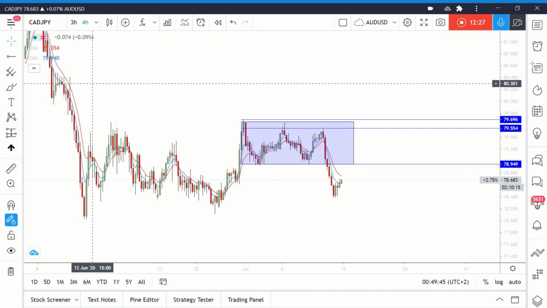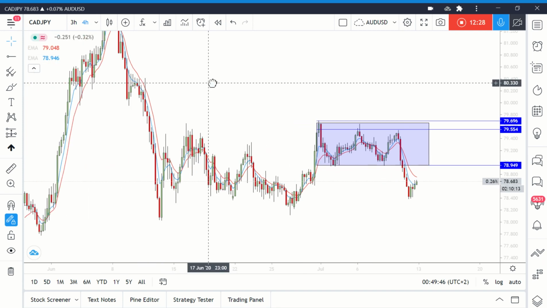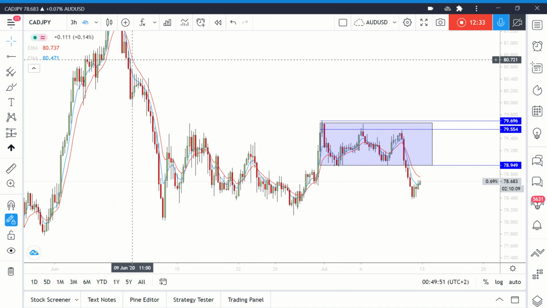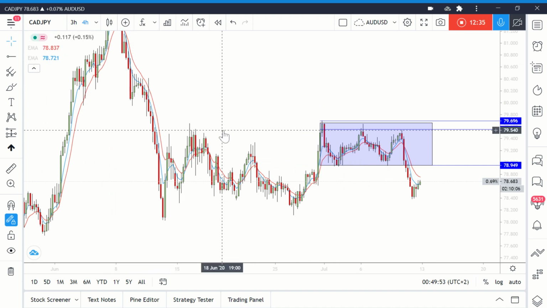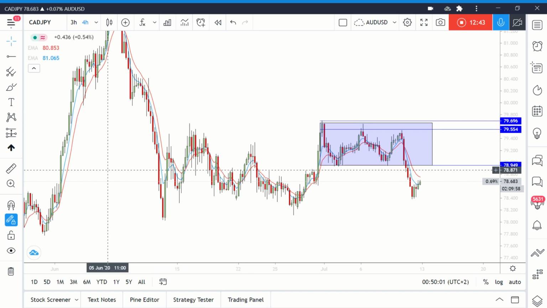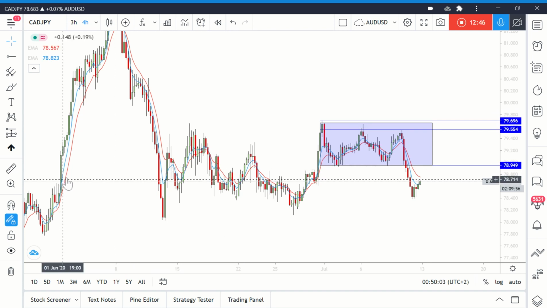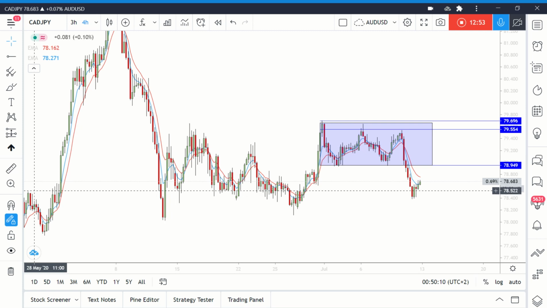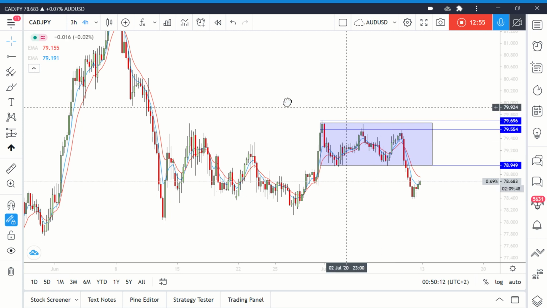So the way I would use my EMAs is that as long as my blue EMA is trading below my orange EMA, I'm still looking for sell positions, or rather the market sentiment is still pretty much bearish. And if the blue EMA is above the orange EMA, the market sentiment or directional bias is bullish.